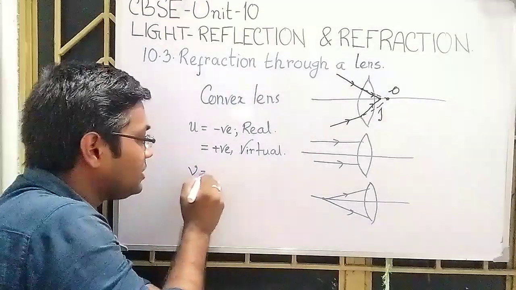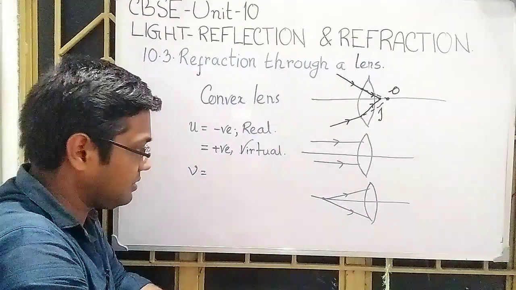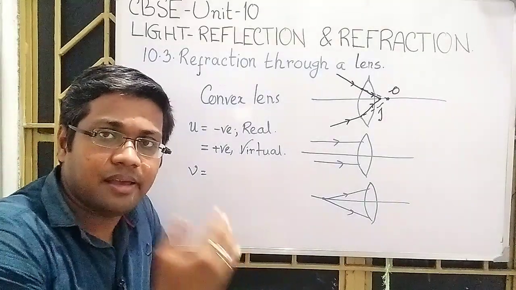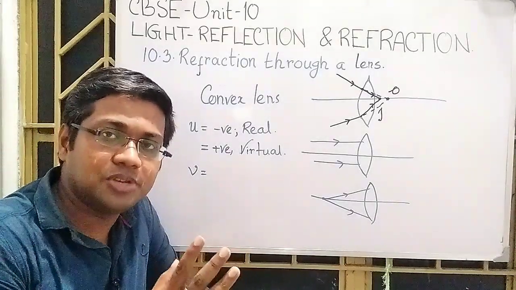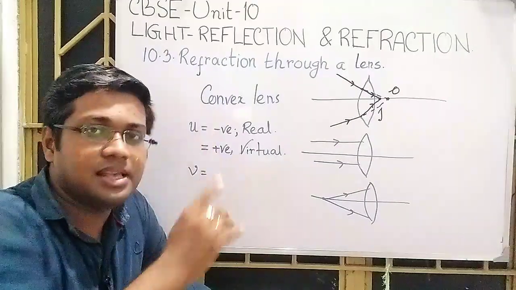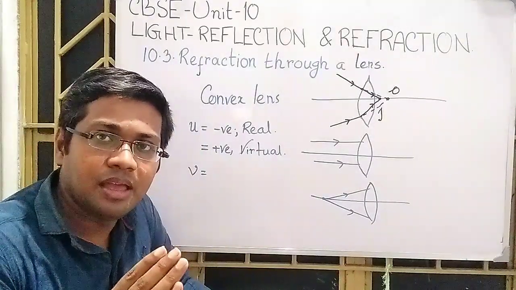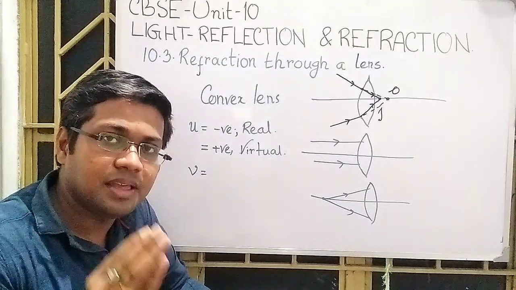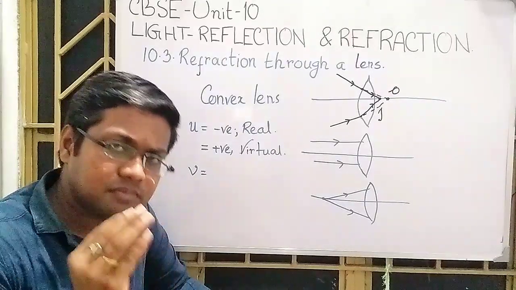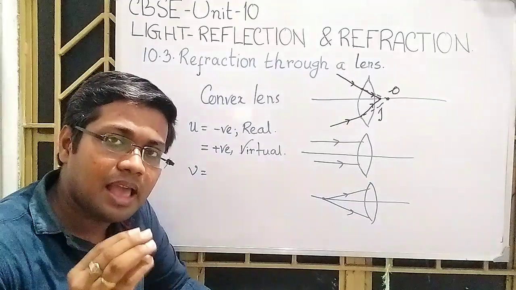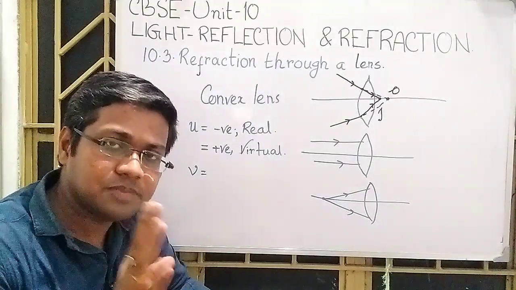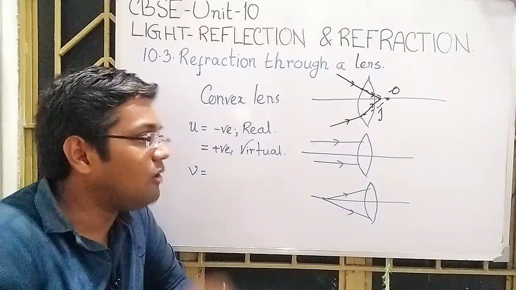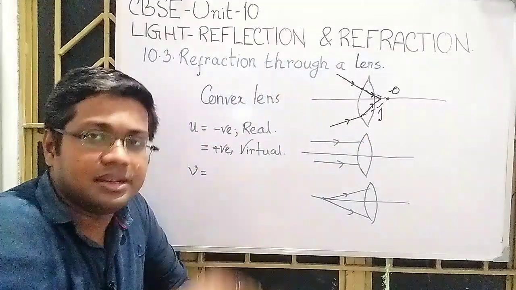Now let us come to the case of the image. Among the 6 positions in the case of a convex lens, that is infinity, 2f, between 2f and f, and at f, for these 5 positions we will get the image on the image side.